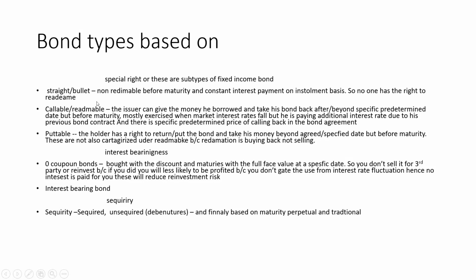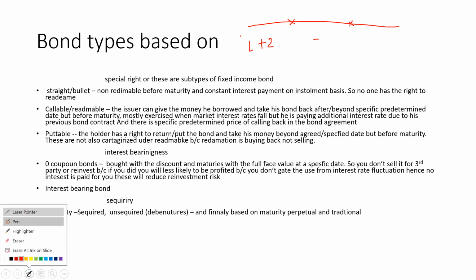However, if it has a floating interest, it means it has some base. For example, if the base is LIBOR rates, this means it's an interest rate that the London banks borrow at.